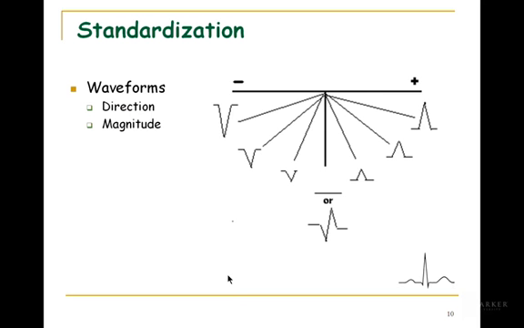Okay, so first thing, waveforms, how they look, depends on direction and magnitude. If we have an example, a negative recording electrode placed here on the right wrist, and a positive recording electrode placed on your left wrist, here is my lead.